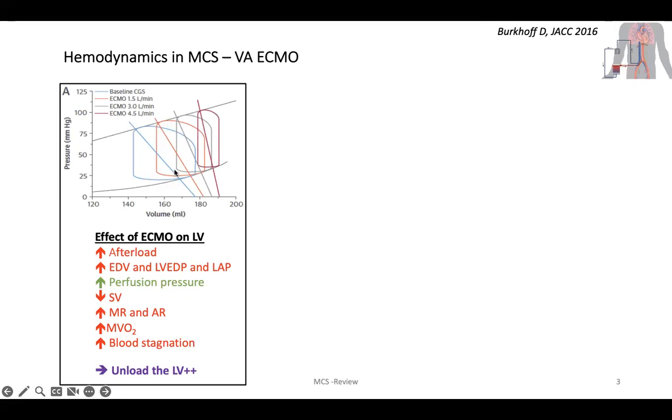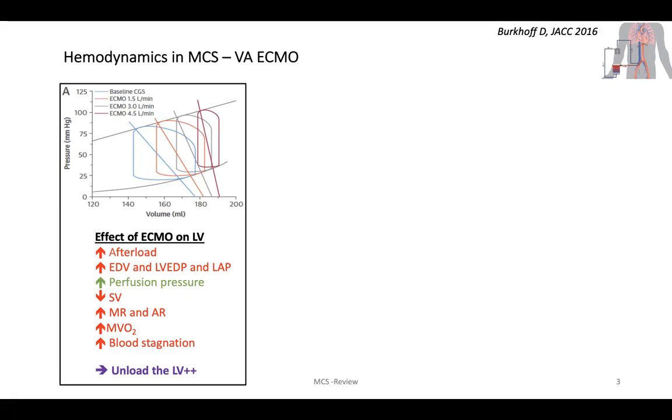The first consequence is that the end systolic pressure increases, so you have an increase of your LV afterload. You see a right shift of the curves, meaning that the end diastolic pressure of the left ventricle will also increase, and consequently you will have an increase in left atrial pressure.